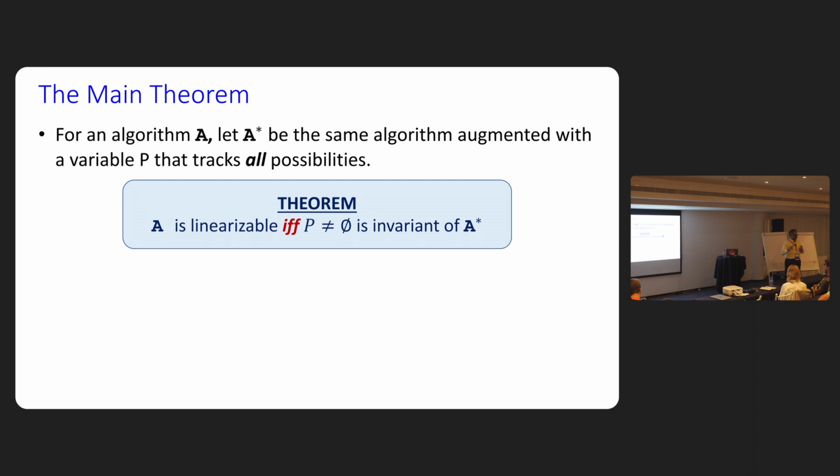Which is the same as saying that P not equal to empty is not going to be an invariant. How to find this run? We can't build these infinite possibilities. We haven't enough memory.